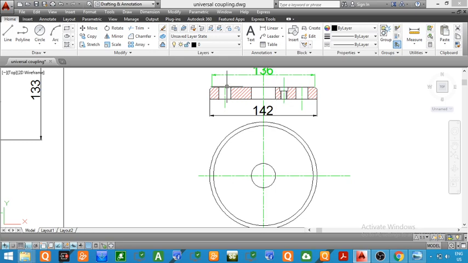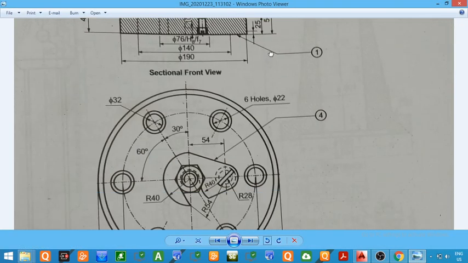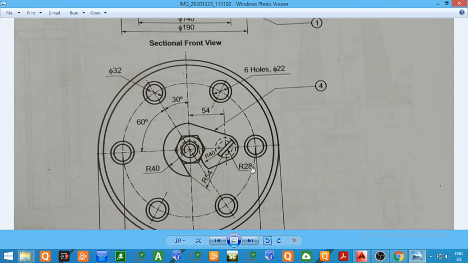Now in the next step we will draw the top view of these holes. These holes are total 6 in number. You can see from this figure the total number of holes provided for inserting the bush is 6. In order to draw these holes, we have to mark the center of these holes. For drawing the center, we have to first draw this pitch circle. You can see this circle, this is nothing but the pitch circle.